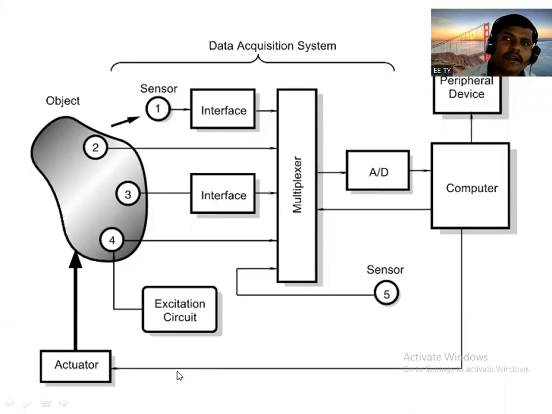Now the multiplexer will feed only one signal to the analog to digital converter. The analog to digital converter will convert it into digital format, and it can be fed to the computer, or we can call it a microcontroller. Now this microcontroller or computer works on the signal obtained from the multiplexer, and it feeds signals to the peripheral devices.